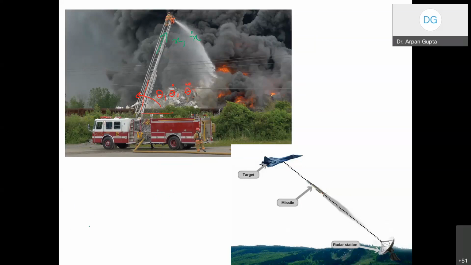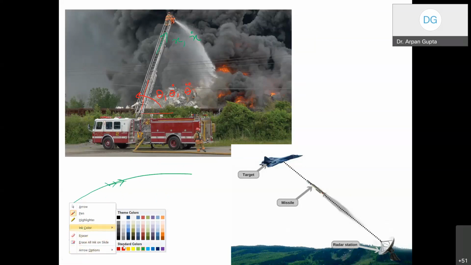So the idea is, let's say an airplane is moving along this direction, a particle moving along a complicated curvilinear path. And here we have the radar which is tracking this.